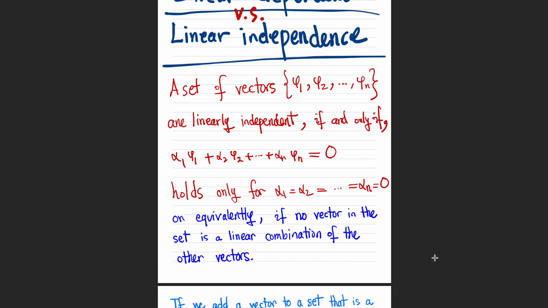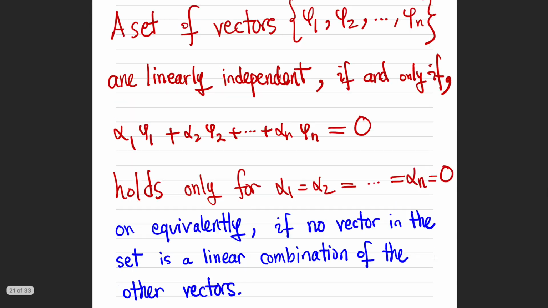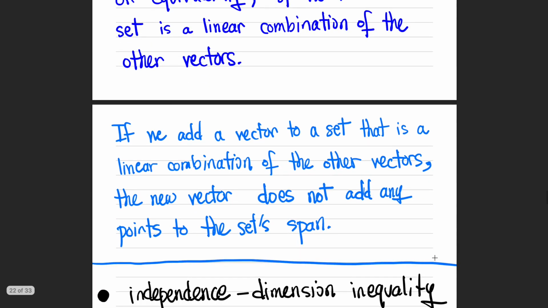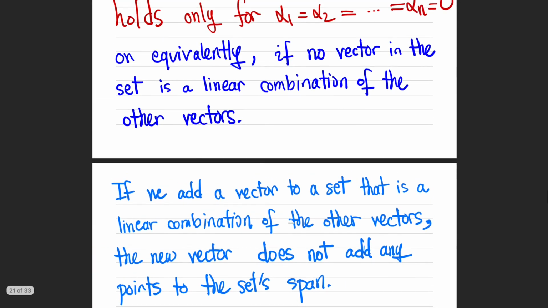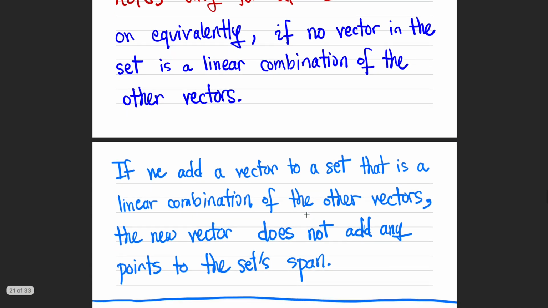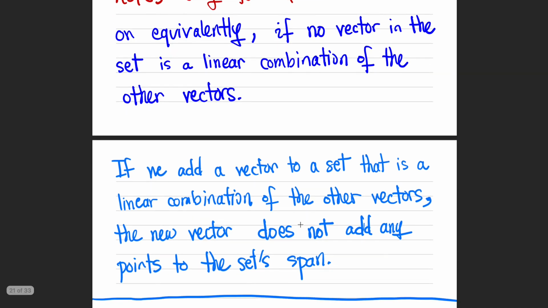Okay? So, in other words, no vector in this set is a linear combination of the other vectors. So they're pointing in different directions, and these directions are such that no vector in the set is a linear combination of other vectors. Now, if we add a vector to the set that is a linear combination of the other vectors, this new vector does not add any points to the set's span.